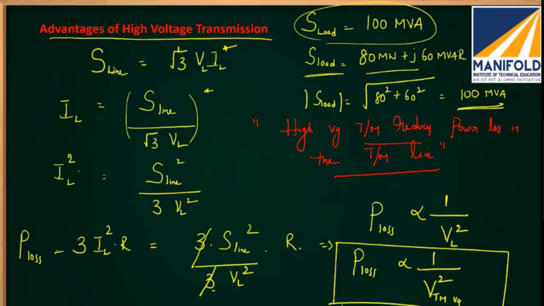So similarly, from the same relationship, I can write current through the transmission line is given by S line divided by root 3 into V line. Okay.